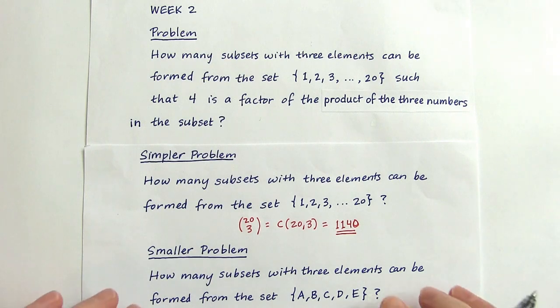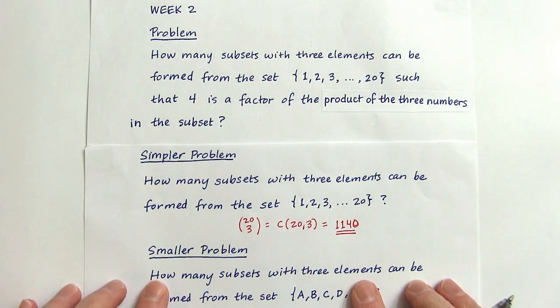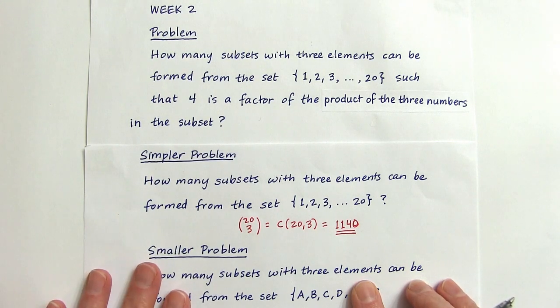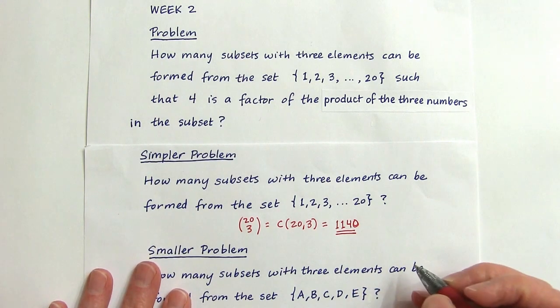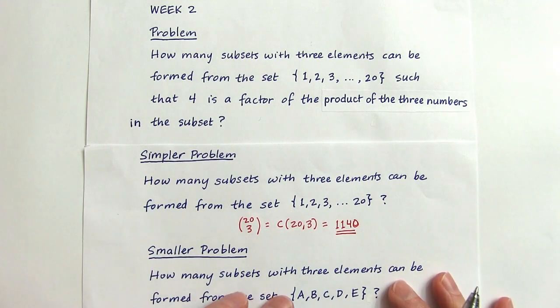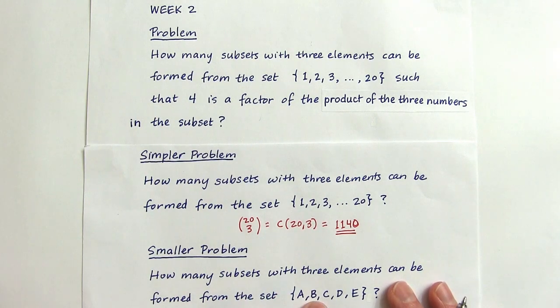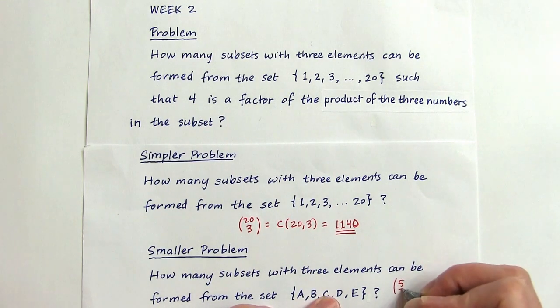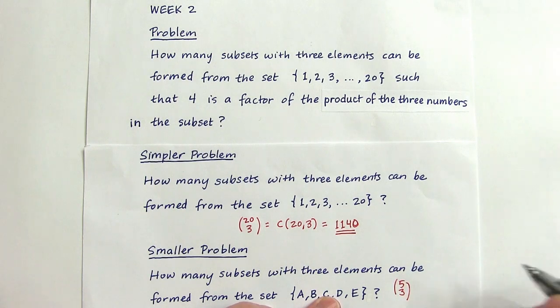And the smaller problem, which was the very first problem we did, where we were able to actually list all of the subsets, was how many subsets with 3 elements we can form from the 5 letters A, B, C, D, and E. So that was 5 choose 3, and we got the answer of 10.